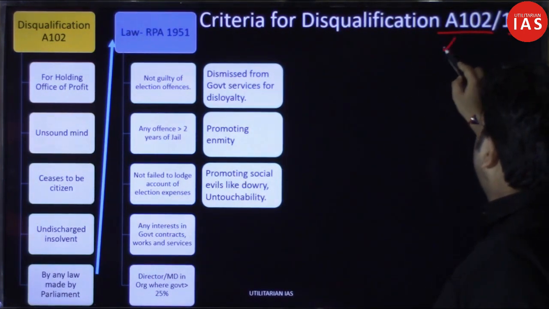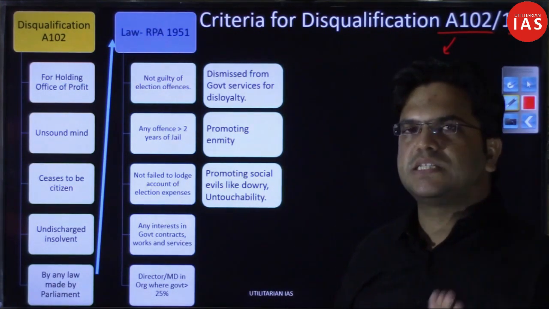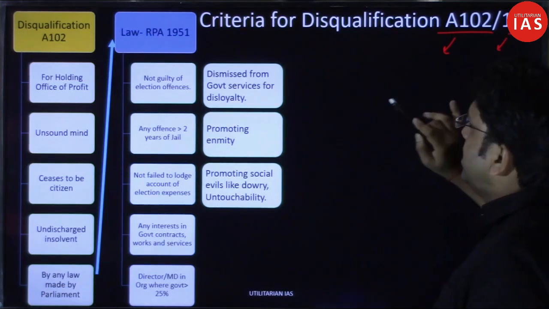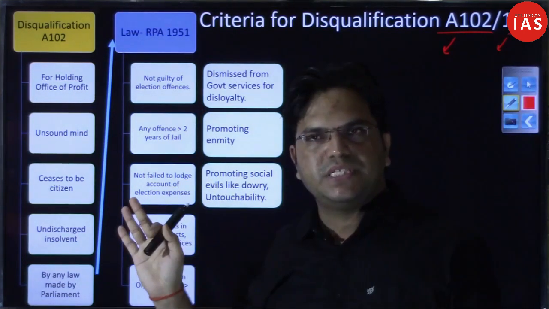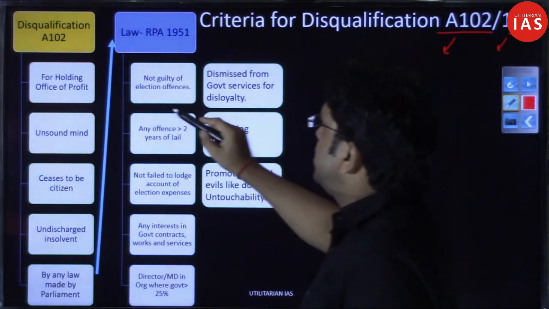Article 102 was the disqualification norm for Members of Parliament, that is Rajya Sabha and Lok Sabha members. The difference here is Article 191. So just the article has been changed, right? For MLA and MLC, the article has been changed.